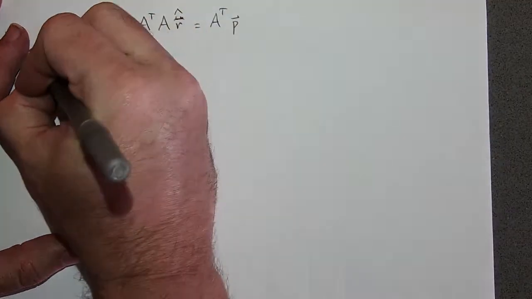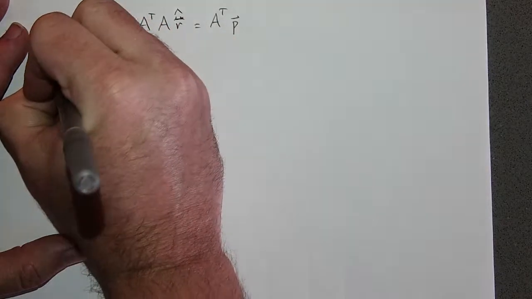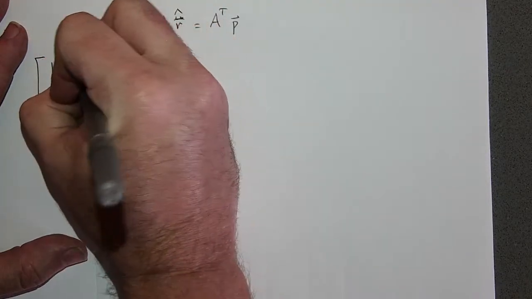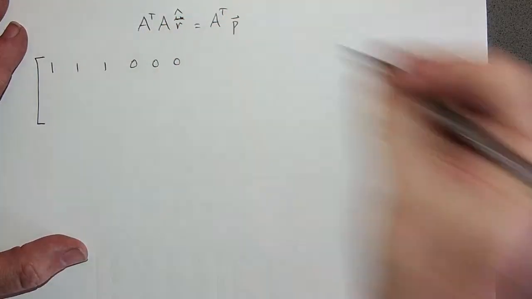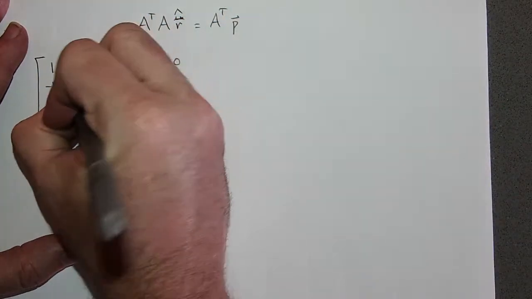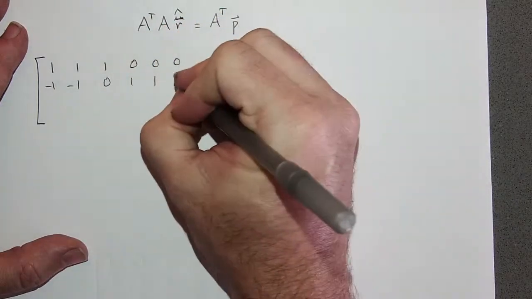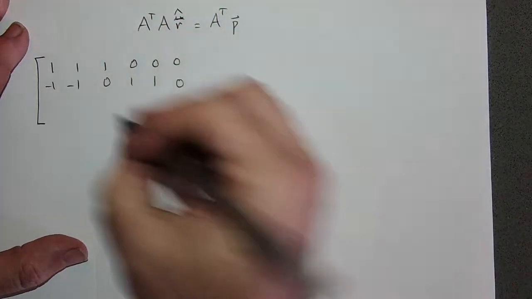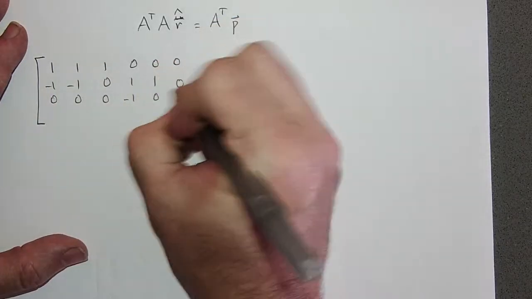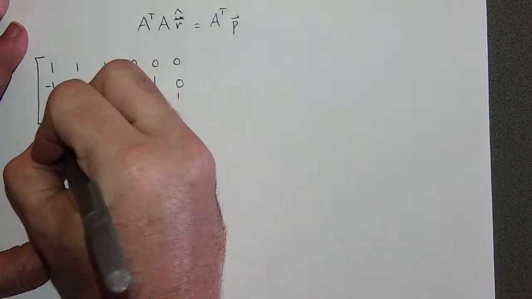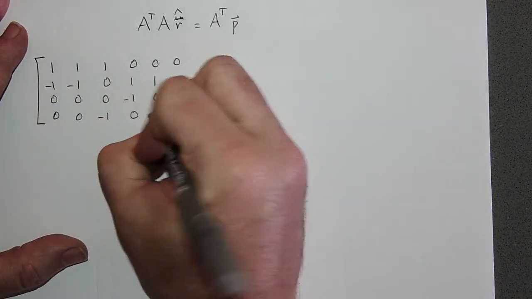So what does this look like? I'm going to write this very long thing. The transpose of A is 1, 1, 1, 0, 0, 0, minus 1, minus 1, 0, 1, 1, 0, 0, 0, 0, minus 1, 0, 1, and 0, 0, minus 1, 0, minus 1, minus 1.